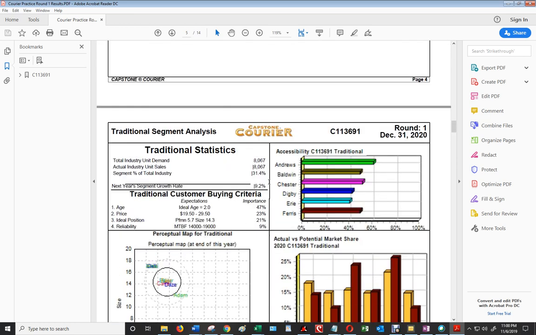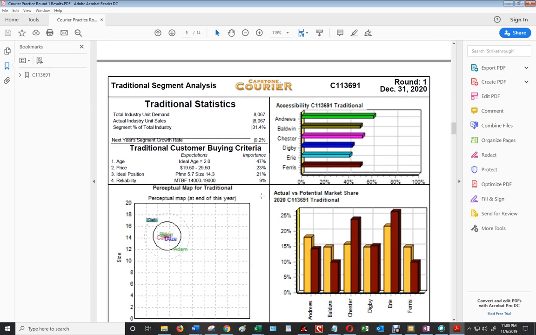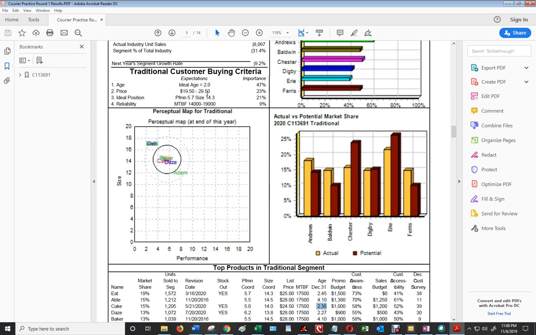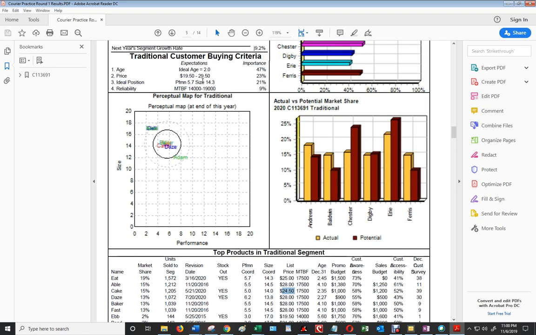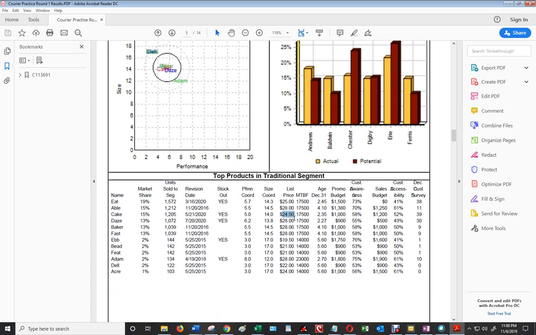What else happened here? Next is the price. Between 1950 and 2950, their price was 2450, which meant they were at the low end of that range, or the mid-low end. That might be one reason they didn't make as much profit, is that they priced it really, really low. Of all the highly rated products, theirs was the lowest.